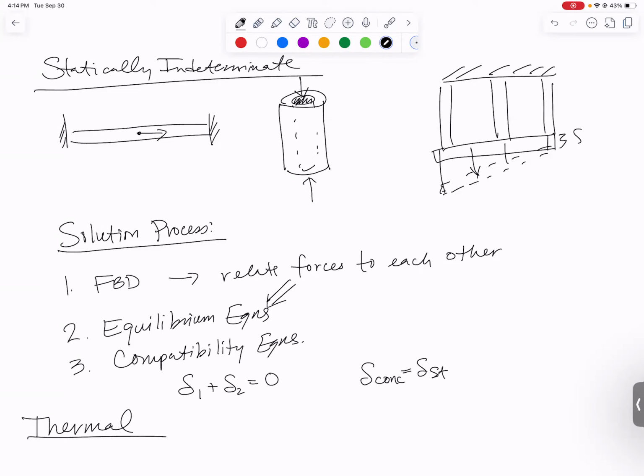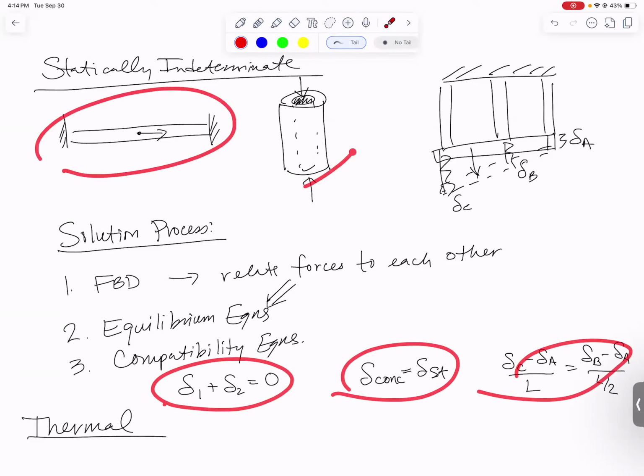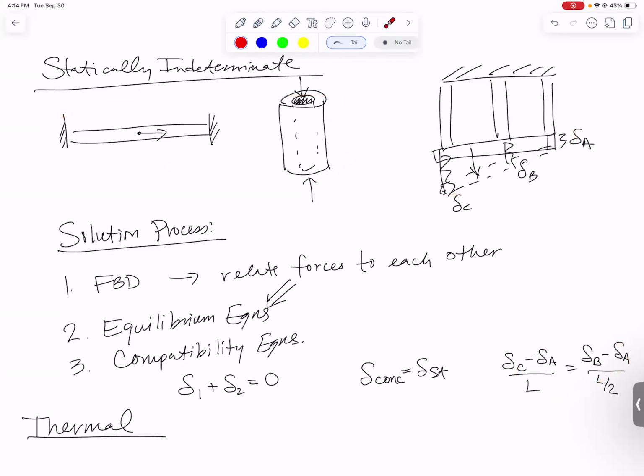And for this last one, if this was delta A, this was delta B, and this was delta C, we might end up with something from similar triangles, where we get delta C minus delta A over L equals delta B minus delta A over L over 2, as an example. So the nature of the compatibility equation totally depends on what style of statically indeterminate problem it is. But compatibility conditions are always relationships between the deltas.